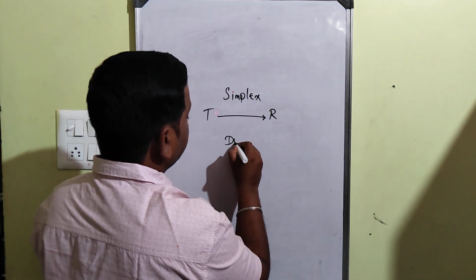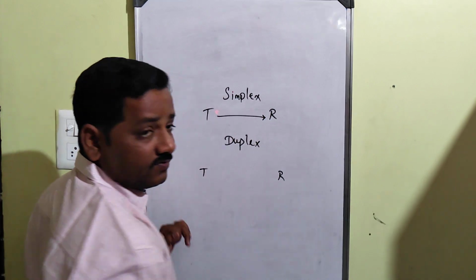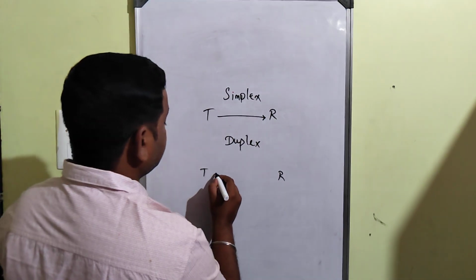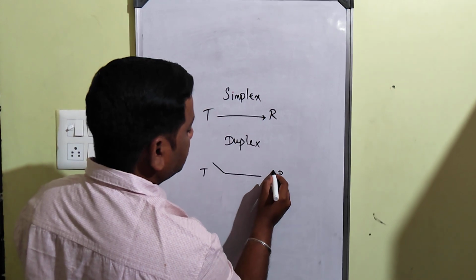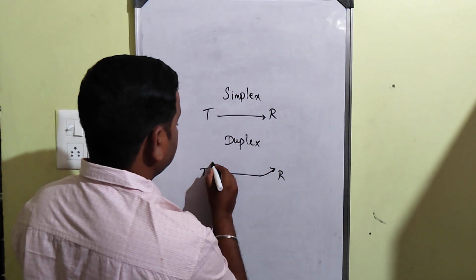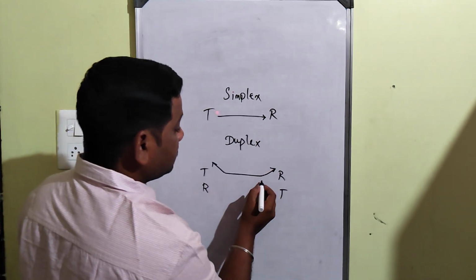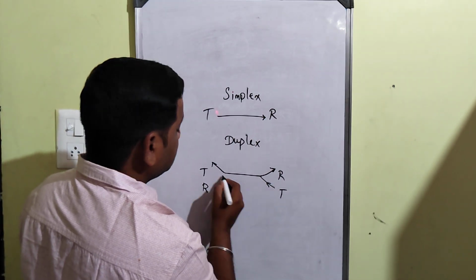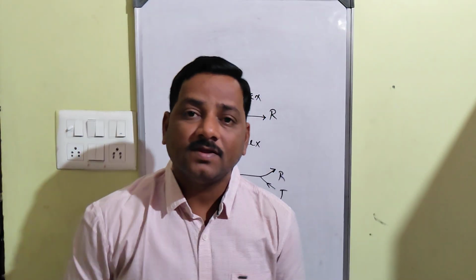Next comes duplex. Duplex is nothing but you can do both. There will be a transmitter and a receiver. The transmitter can send a signal and the receiver can receive a signal. There is also a receiver here and a transmitter here. Look at this, what's happening here.